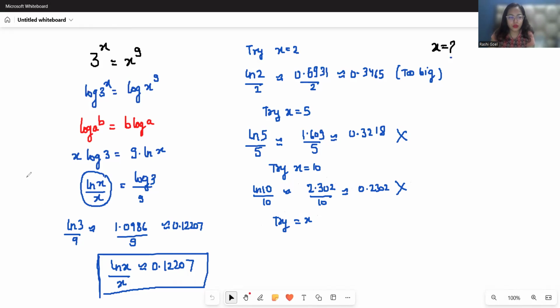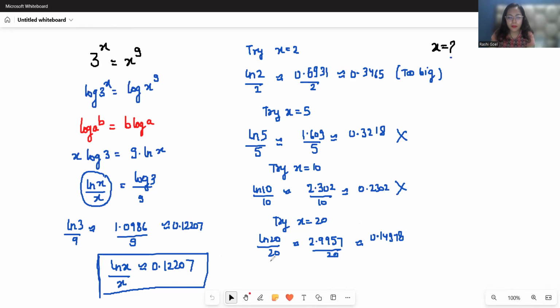X is equals to 20. So log 20 by 20, which is 2.9957 by 20, and it is approximately 0.14978. Closer, but not too close. We need 0.12 and here we have 0.14.